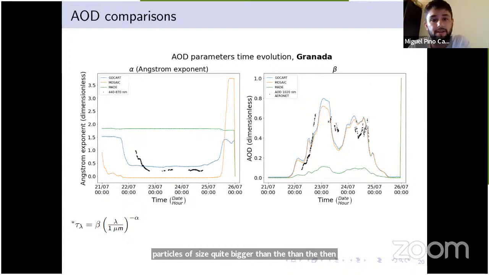GOCART is the one aerosol scheme that predicts an adequate Angstrom exponent. Now, regarding beta, which can be interpreted as the aerosol optical depth at 1 micrometer, we see that both GOCART and MOSAIC have an adequate behavior, while the behavior of MADE is very bad.